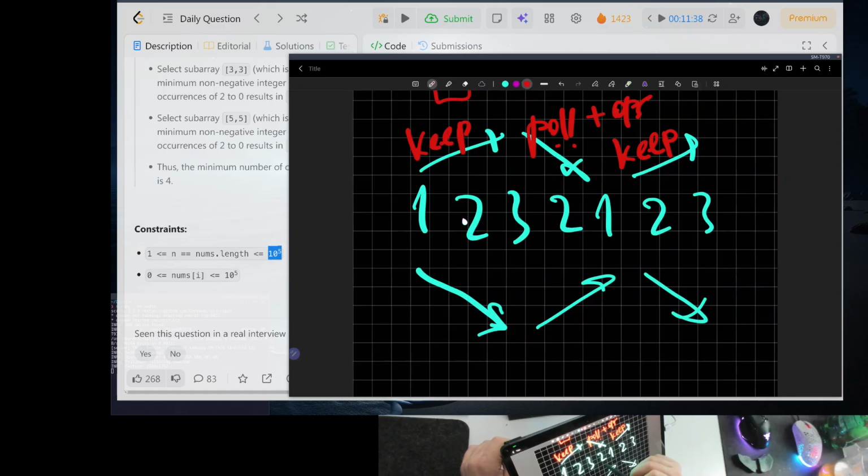How much should we pull? Keeping this 1, 2, 3, then we meet the number 2, we have to pull the number 3 because it's bigger, and in this situation it has to be a separate operation. The number 3 will be a separate removal.